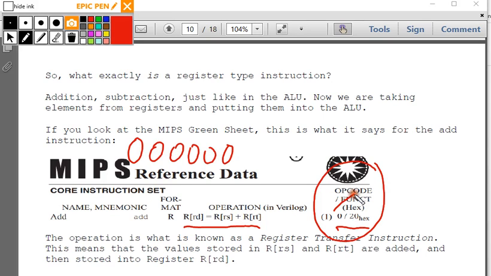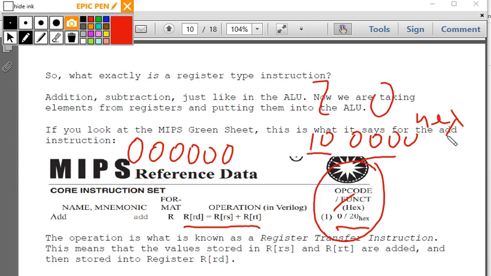That's your opcode. The last 6 bits of the instruction are 1, 0, and then 4 zeros. This corresponds to 20 in hex. And then, for an R-type instruction for add, the shift amount is going to be 0 because you're not shifting. And then the rest of it just corresponds to RS, RT, and RD.